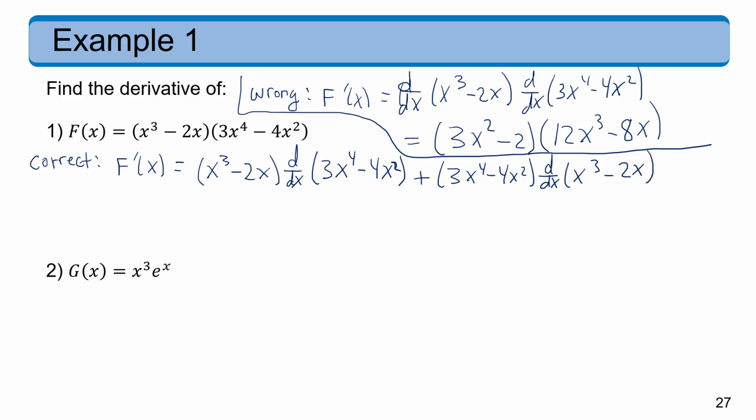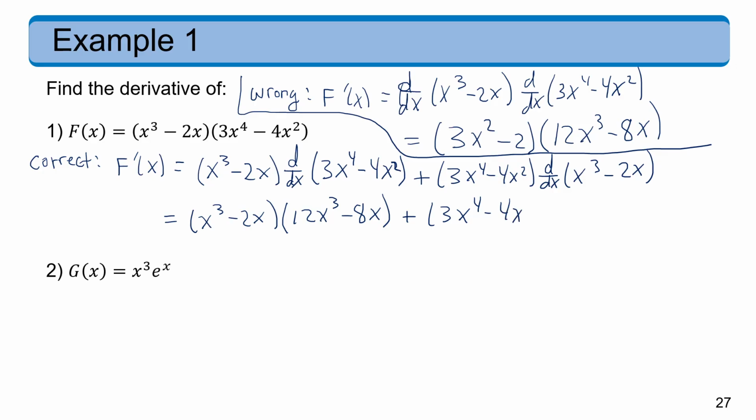So let's continue on. So we'll keep this first expression the same. Now the second expression says take the derivative. So taking the derivative of what's in the parentheses, we get 12x cubed minus 8x. Continue on, we have plus, keep the next part the same.